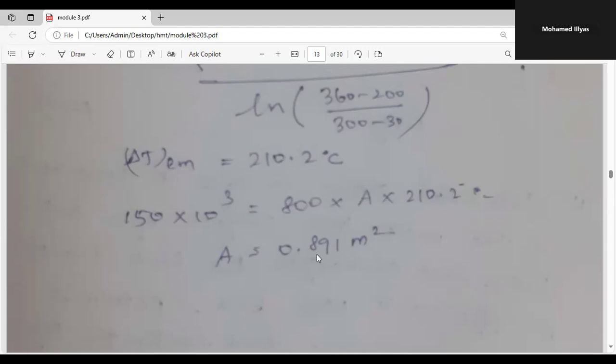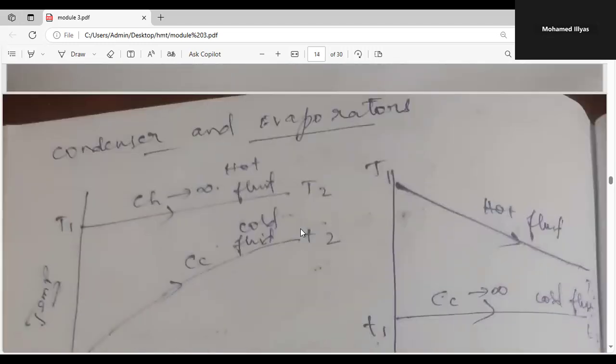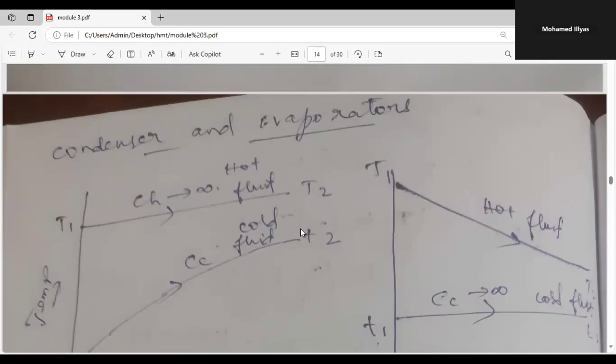So it is preferable to use a counter flow type heat exchanger compared to a parallel flow type heat exchanger, giving relatively better heat transfer performance. And coming to the next type of heat exchanger, we'll have condensers and evaporators.